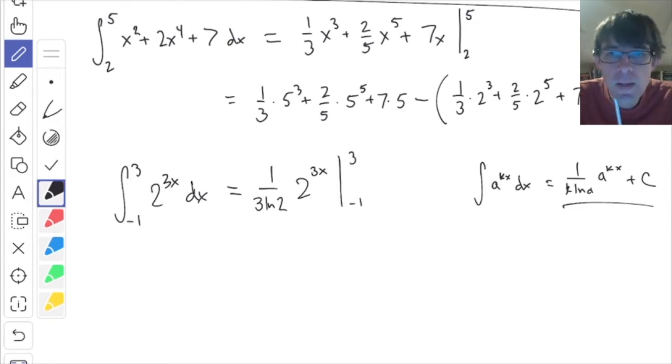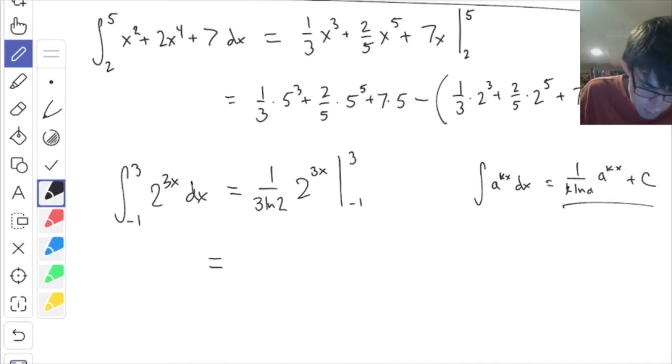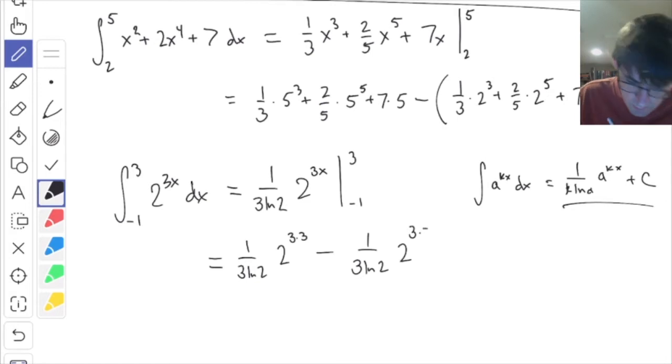This is the fundamental theorem of calculus. You do the antiderivative first, then you put the bar, and then you're ready to write the answer. For the final answer, I'm going to plug in 3 for x, and then subtract and plug in -1 for x. So I go 1 over 3 ln 2, 2 to the 3 times 3, minus 1 over 3 ln 2, 2 to the 3 times -1.